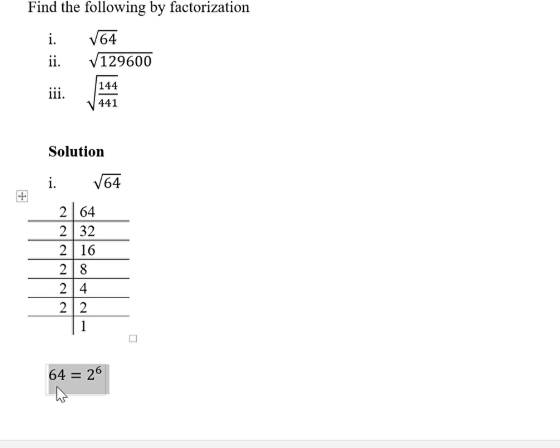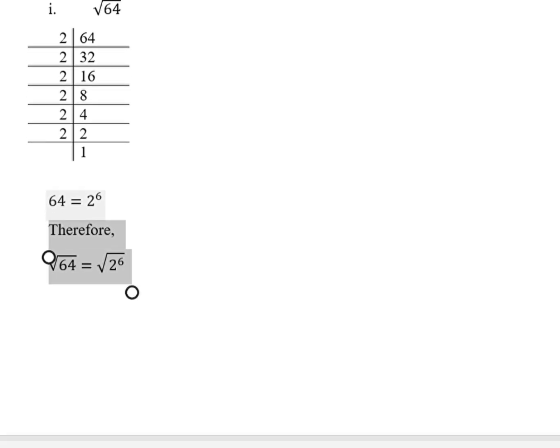To find the square root of 64 is as good as saying we are looking for the square root of 2 raised to power 6. Now, the next step is to divide this power of 6 by 2. So 2 raised to power 6 divided by 2 will be equal to 2 raised to power 3.